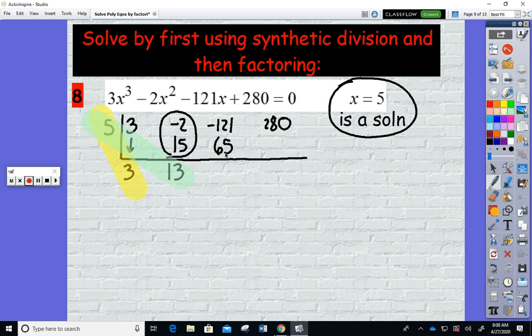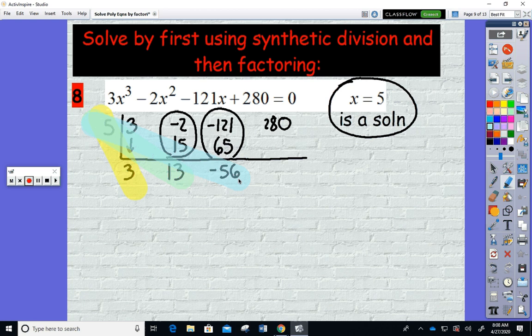Negative 121 plus 65. I'm referencing my calculator to make sure I don't make a boneheaded error on the video here. I'm getting negative 56 when I just add these straight down. I'm going to do diagonal multiplication. So 5 times negative 56. Now I'm keeping my fingers crossed.